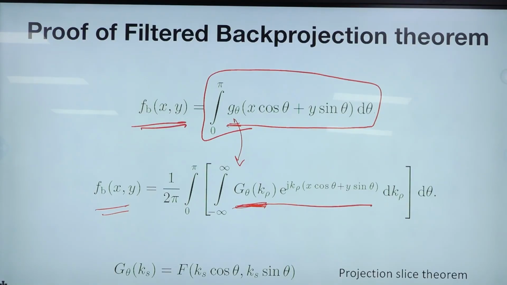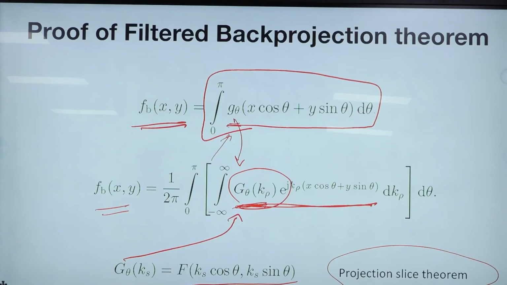This integral in the square bracket is the same as g of theta, so you're applying the inverse Fourier transform equation, plugging it in here, and you substitute g of theta equals F of k cos theta, k sin theta. This is from the projection slice theorem. Substitute this into the projection slice theorem.